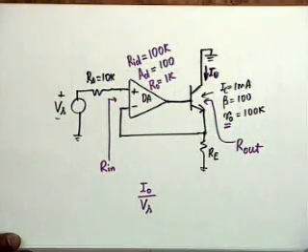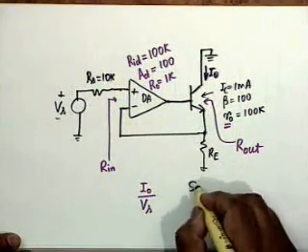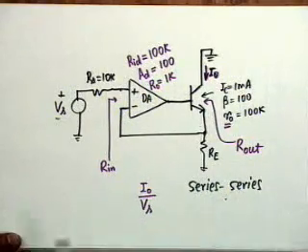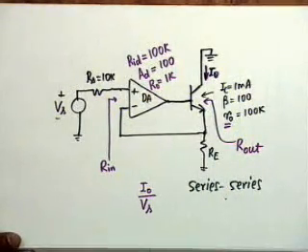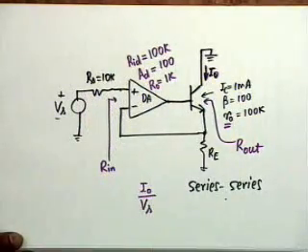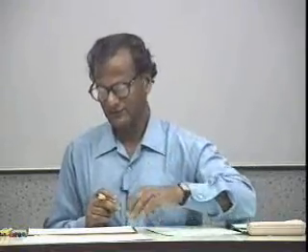Series and series. Wonderful. This is a series, which means that it is a voltage to current converter, and therefore I don't have to change this. My output shall be a current. The first question that it asks is the following.